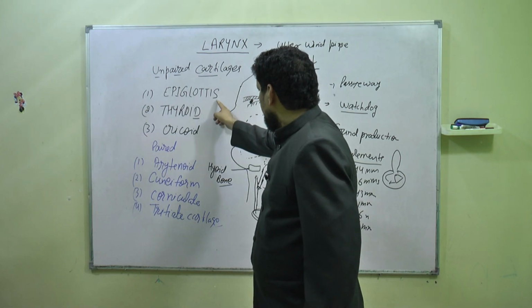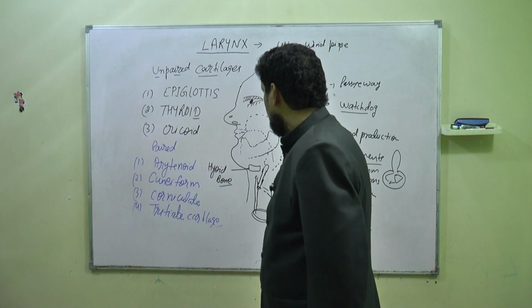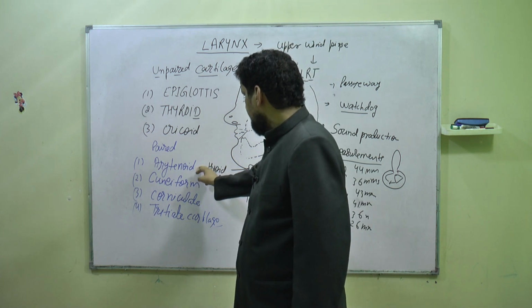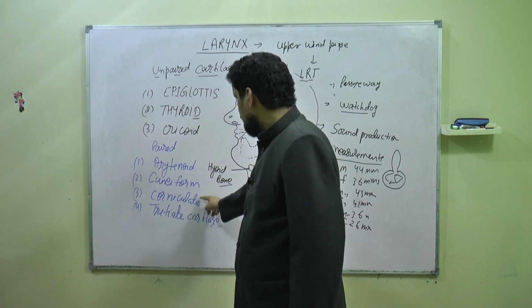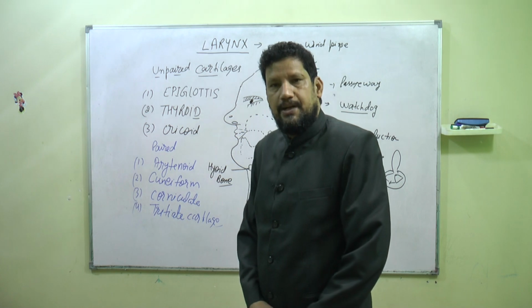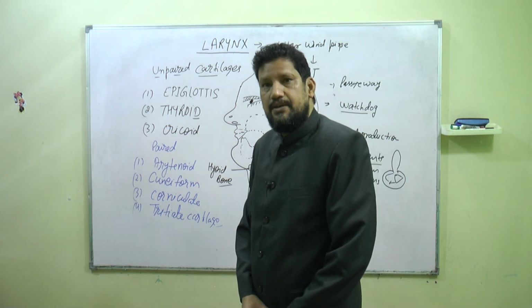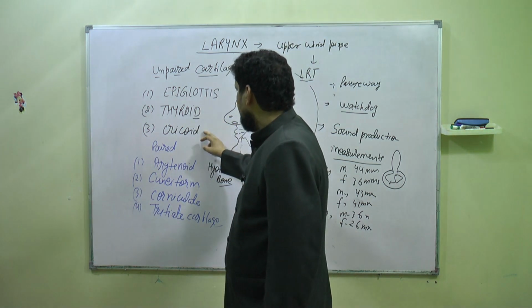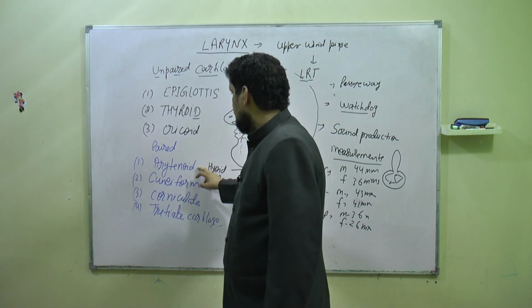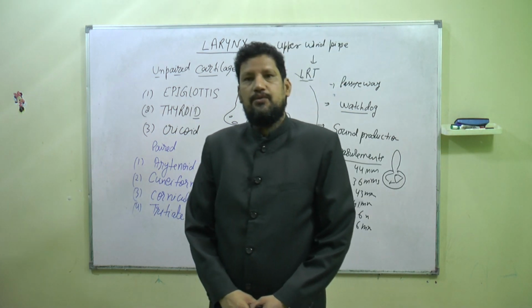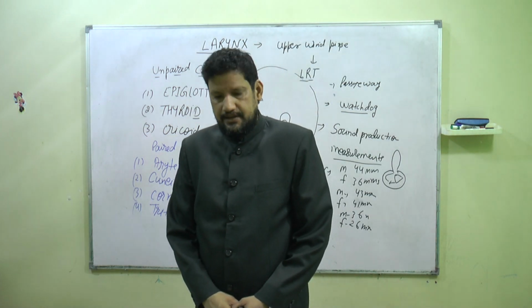The epiglottis, the apex and part of vocal process of arytenoid, cuneiform, corniculate and tritiate, all are made up of elastic fibrocartilage, while the thyroid cartilage, the cricoid cartilage and base of arytenoid cartilage are made up of the hyaline cartilage.